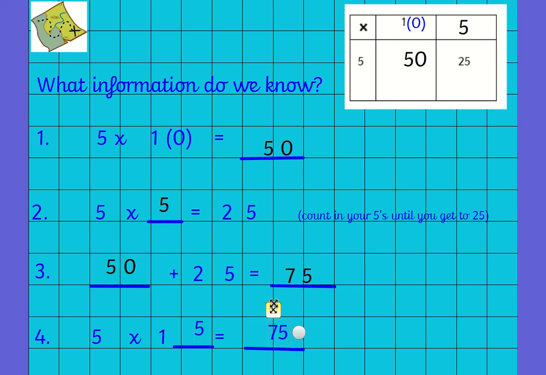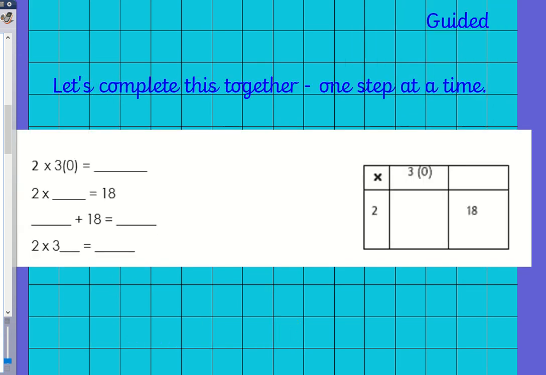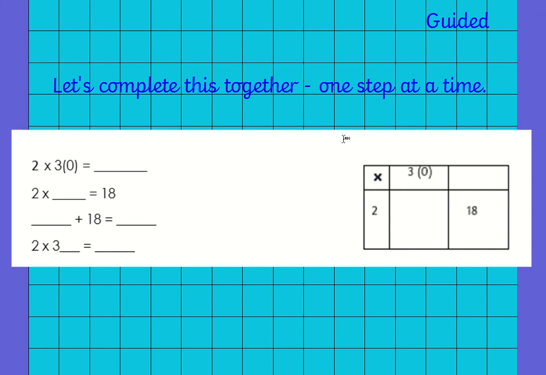So my darlings, can you see we've followed a logical path there? We have taken each step gradually, okay? So this is your challenge now. Please, please, please, if you need to, stop the video, take it back, watch the 3 modelled examples again. That's absolutely fine. But if you're ready to, let's look at our guided one together.